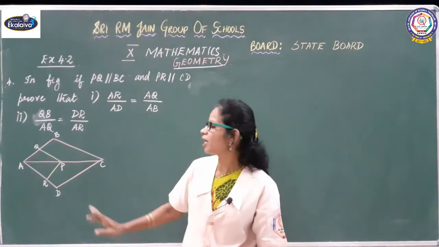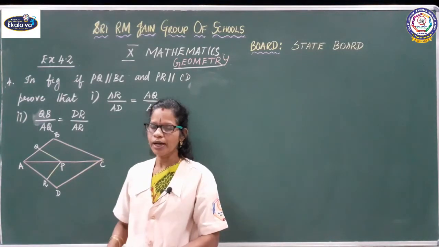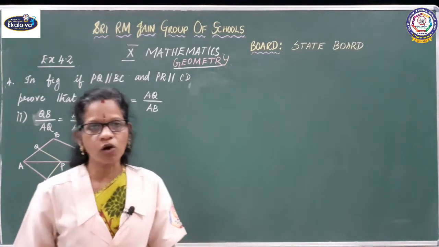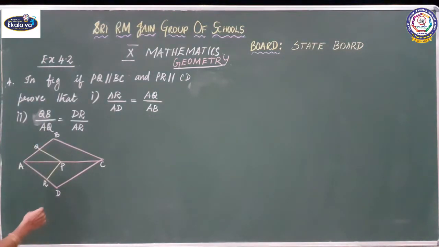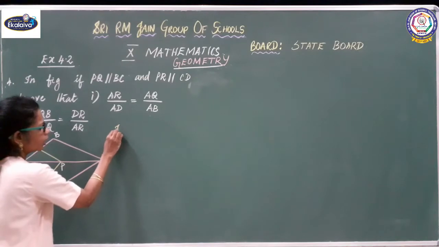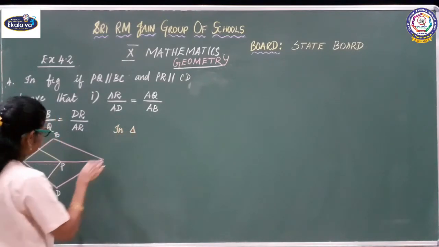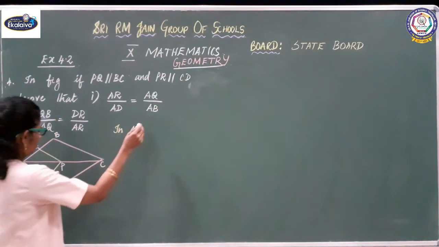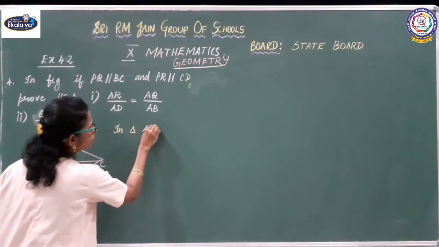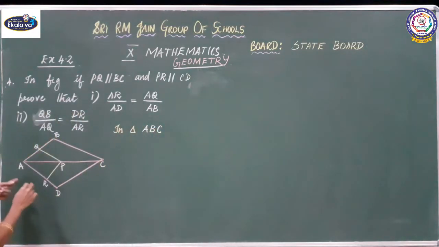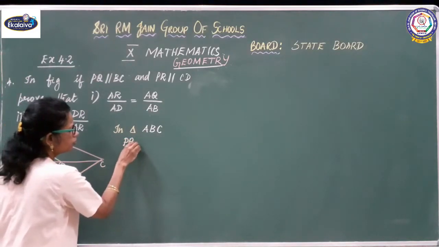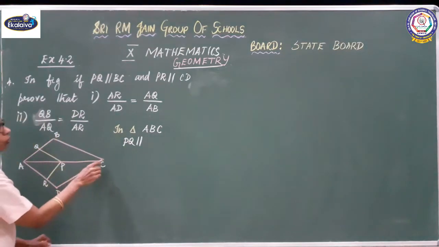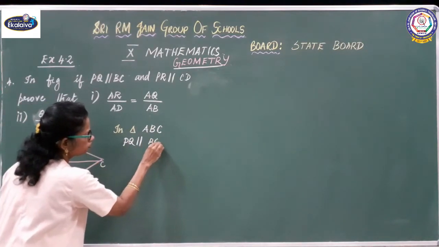Using the Thales theorem, we are going to prove this. You have to recall what it says. Now, in triangle ABC, PQ is parallel to BC.